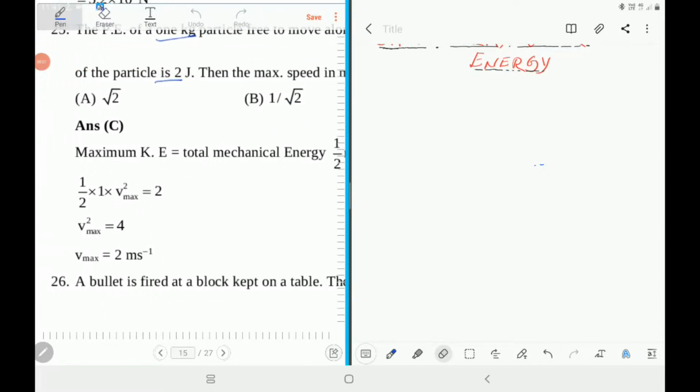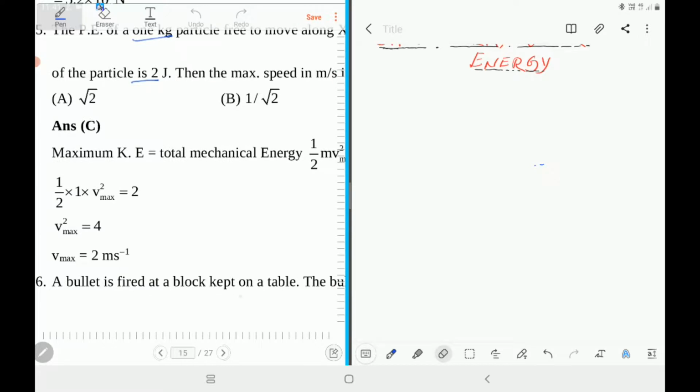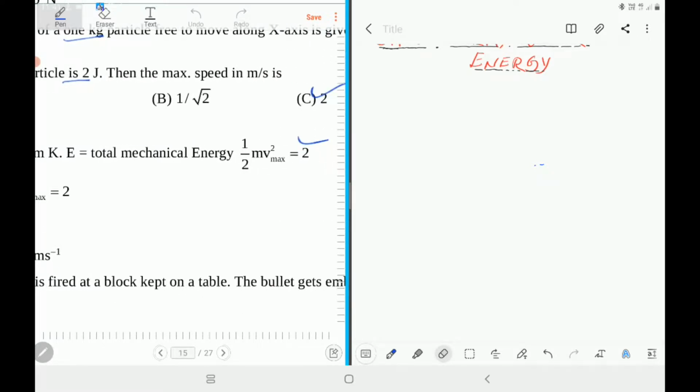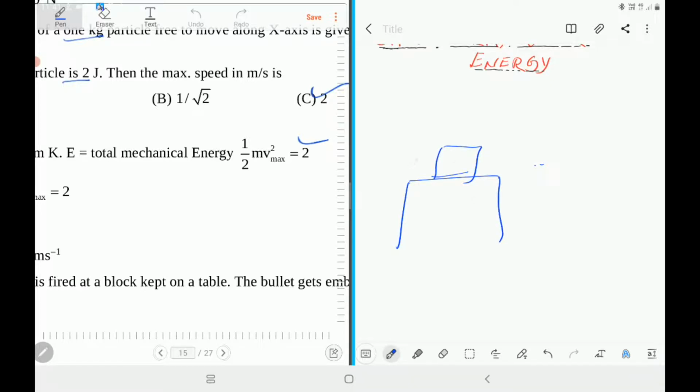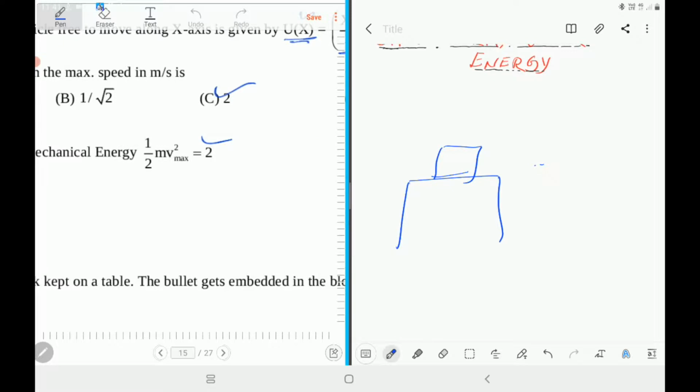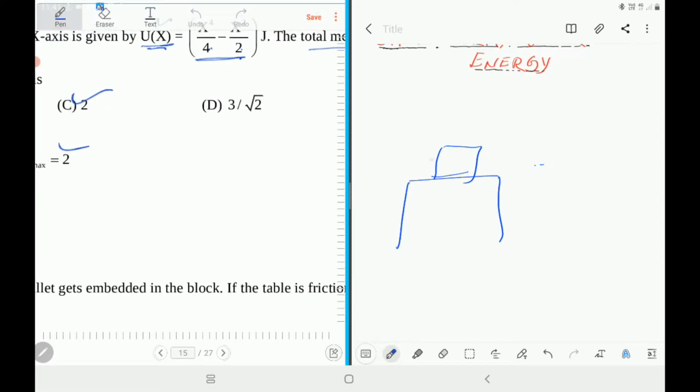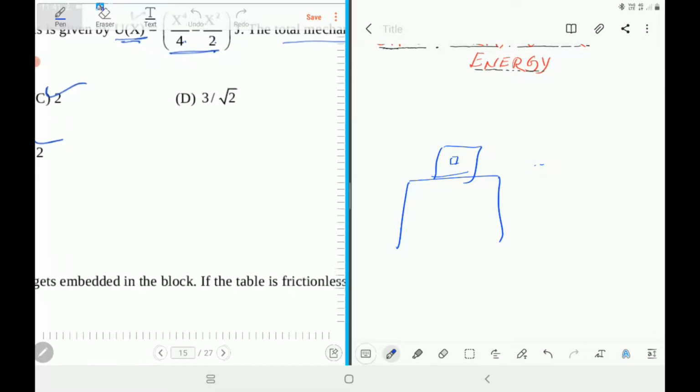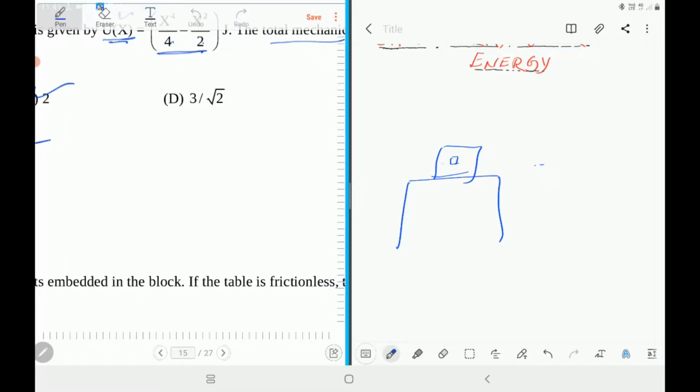Moving on. A bullet is fired at a block kept on a table. There is a table over which you have kept a block. You fire a bullet at the block. The bullet gets embedded in the block. The table is frictionless, but when the bullet enters, it feels frictional force inside the block.